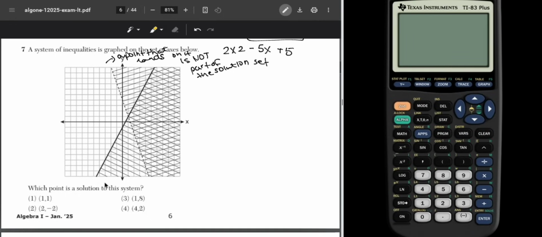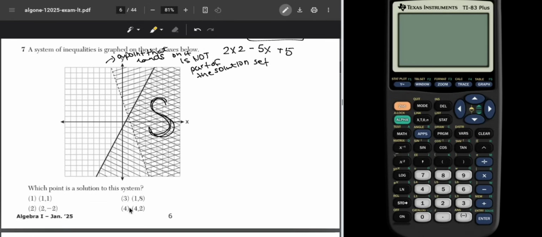So any point of these answer choices that lands on this dotted line will not be a solution to the system. The only solutions to the system will be where the shaded areas of the inequalities intersect, which is going to be right here. Where I drew my S, that is going to be where my solution set is.